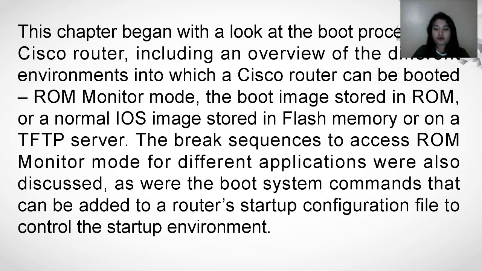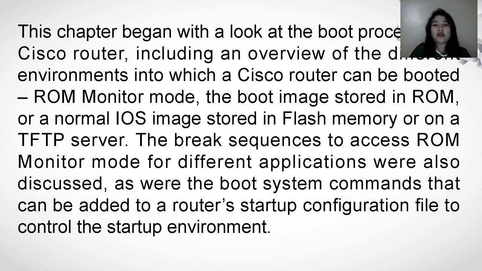Application layer. This chapter began with a look at the boot process of a Cisco router, including an overview of the different environments into which a Cisco router can be booted: the ROM monitor mode, the boot image stored in ROM, or a normal IOS image stored in flash memory or on a TFTP server.